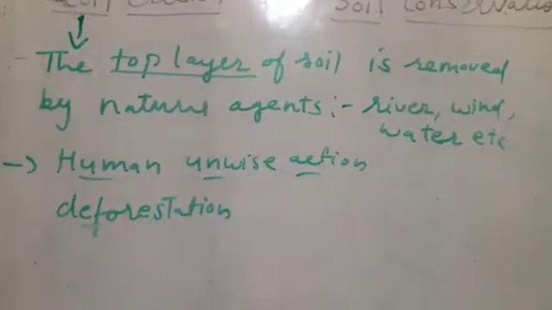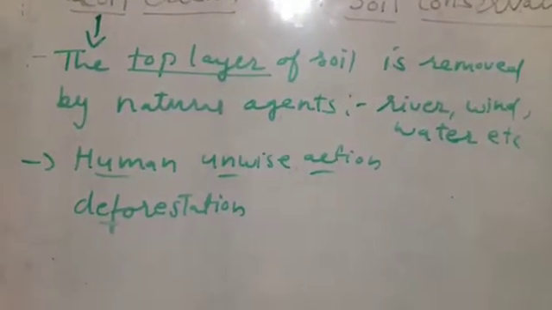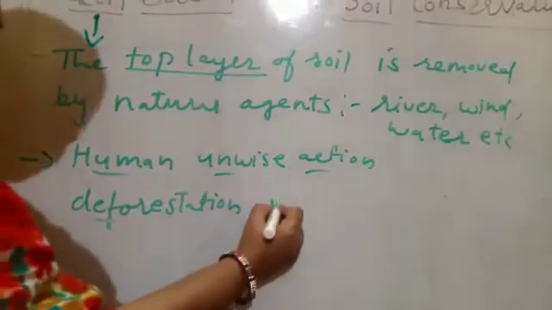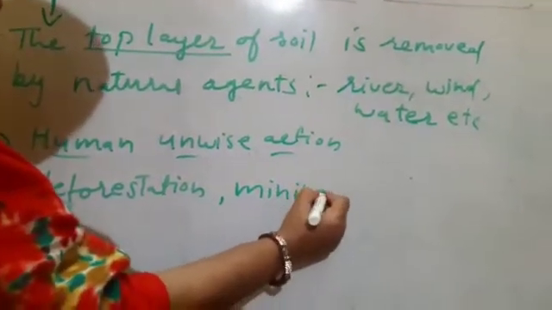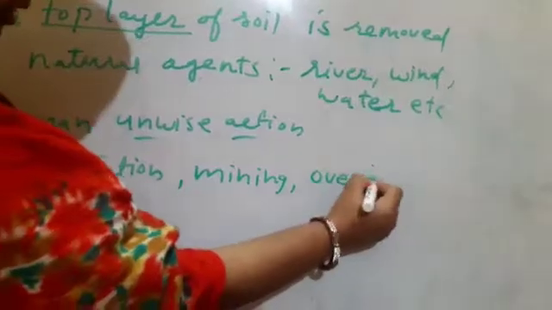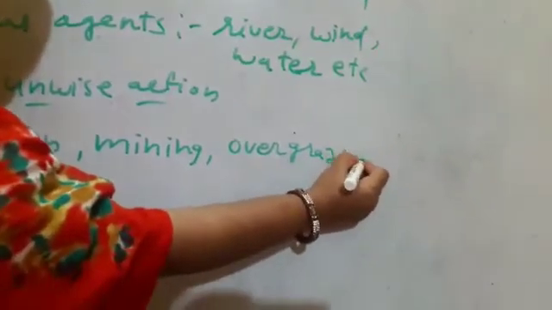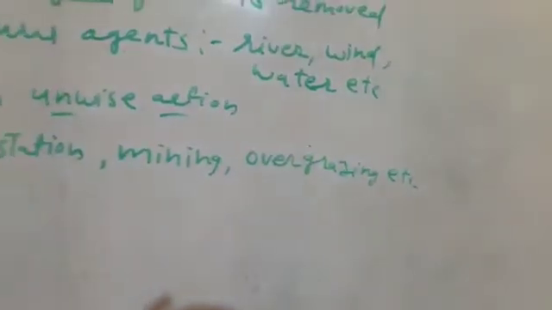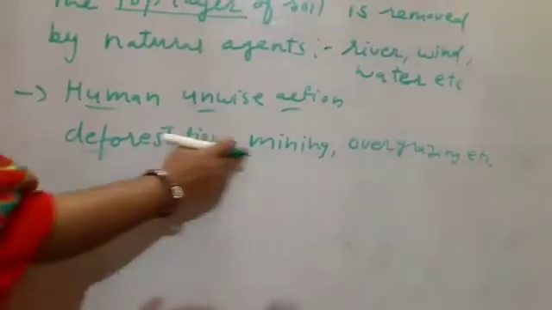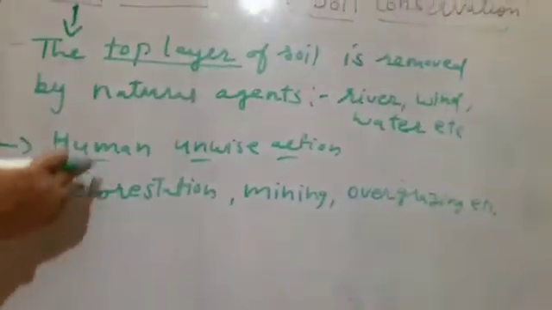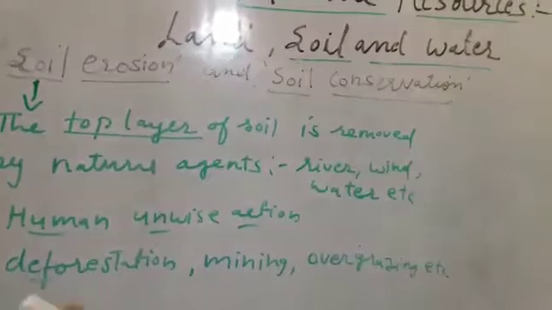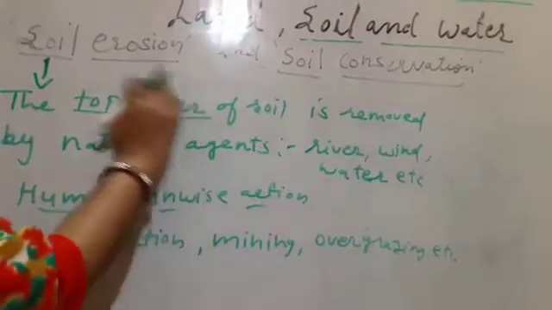Deforestation means overcutting of trees, or we can say mining, overgrazing, etc. Deforestation, mining and overgrazing are the unwise human actions which are also responsible for soil erosion.